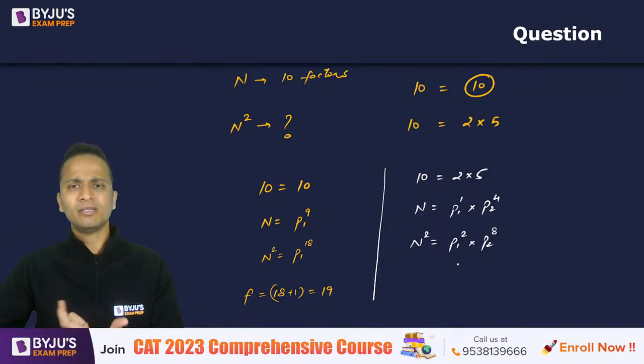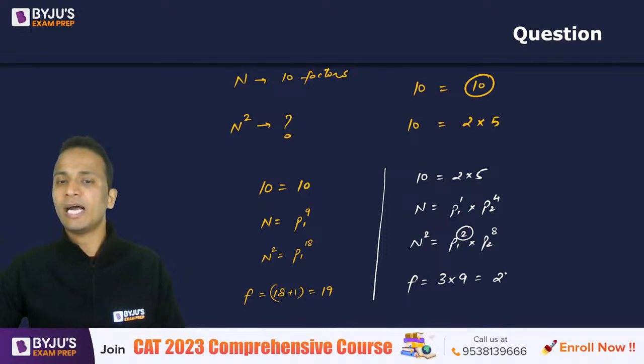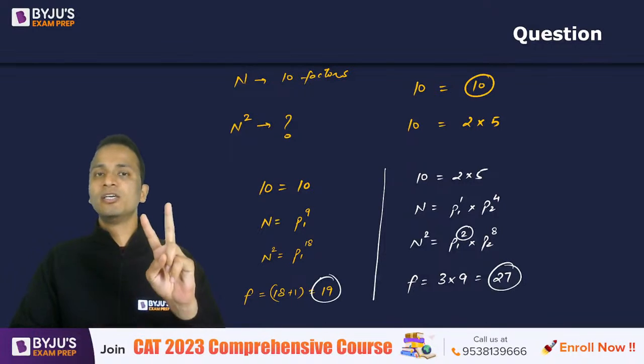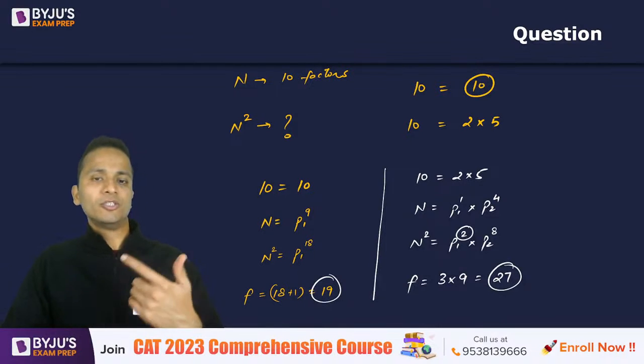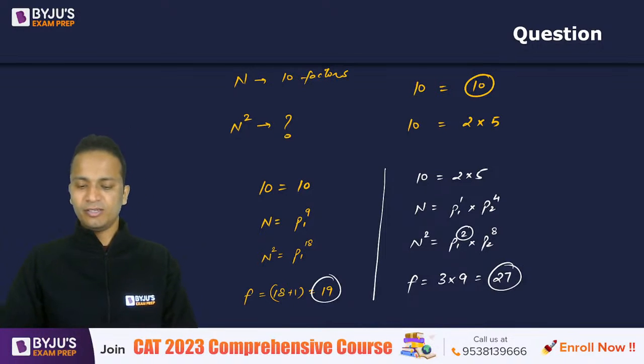I squared the number, so both powers doubled. In this case, the number of factors will be 2 plus 1, that is 3, multiplied by 8 plus 1, that is 9. So 3 into 9, that is 27. So there can be two possibilities for the number of factors of n square. It can be 19 or it can be 27 as well, right?